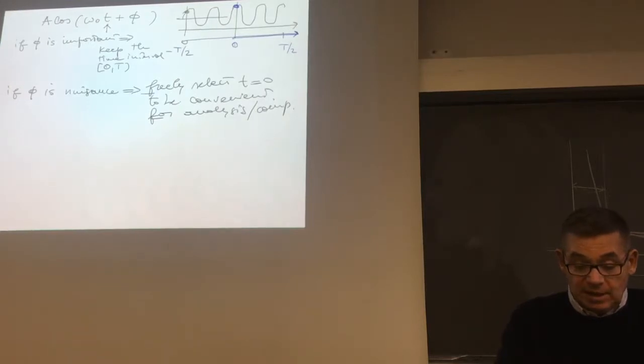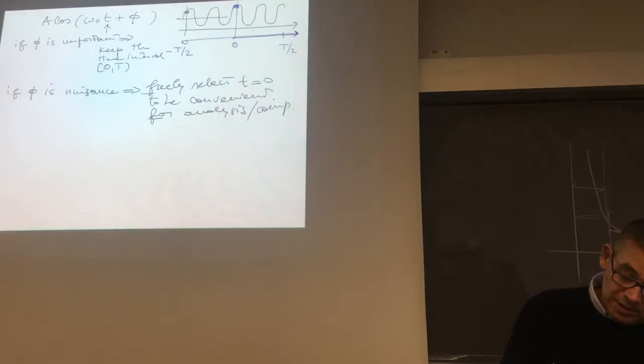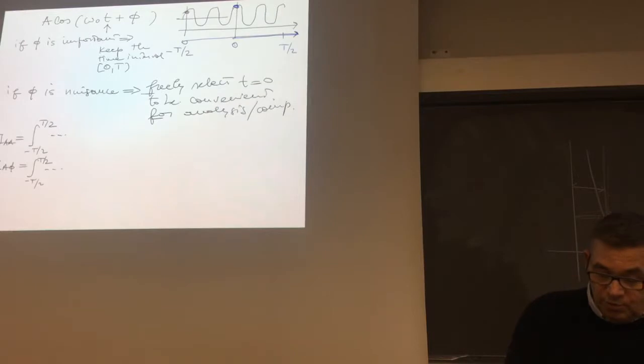So revisiting, the Fisher information is computed by the integral between minus T half and T half, and then for all the other amplitude, phase, and so forth.